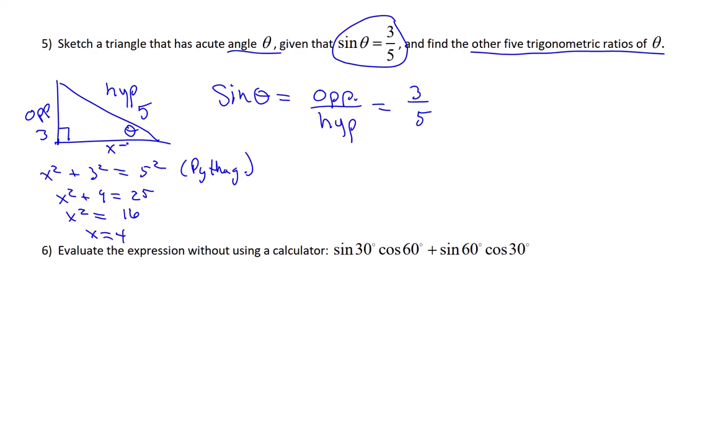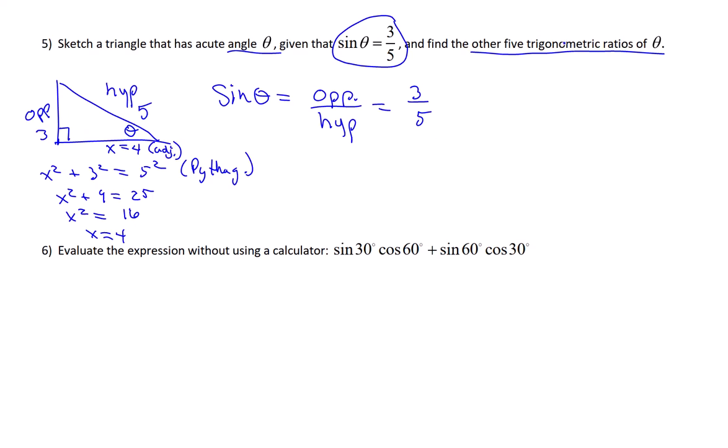Which means that side length at the bottom of our triangle is actually the adjacent side because it's next to the theta angle, and it's the only one left. That's our adjacent. That must be 4. Okay, if we know that, then we can find anything else we need.